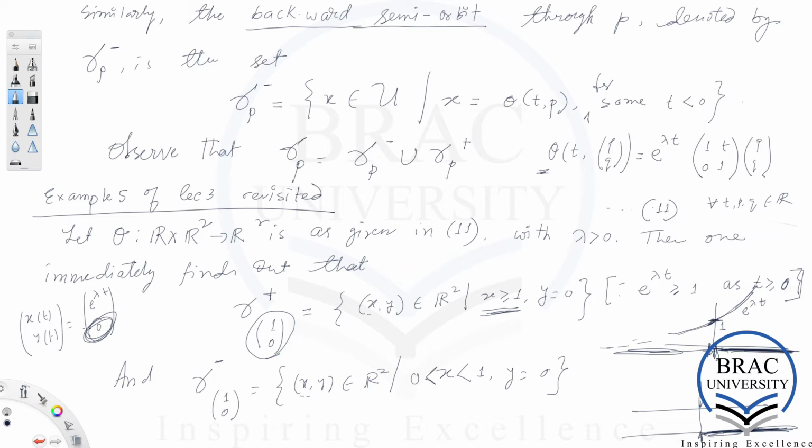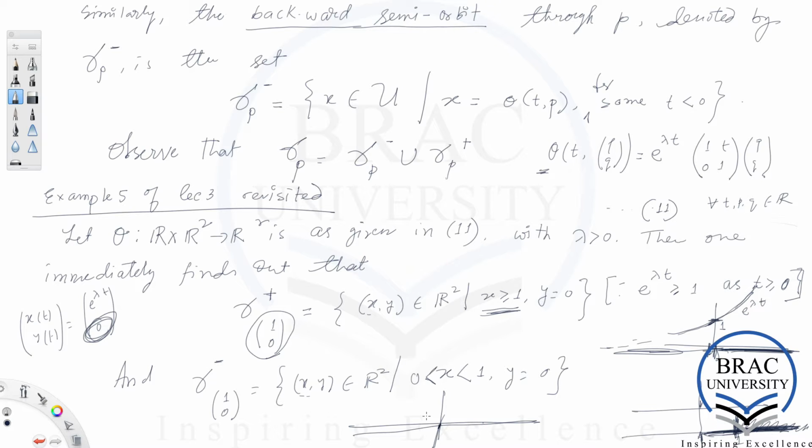Okay, so here in this picture, we try to draw the backward semi-orbit, and that is going to be this segment from 0 to 1 along the x-axis. For the forward semi-orbit, everything is greater than 1 and y is equal to 0, so if this is 1, everything greater than 1.